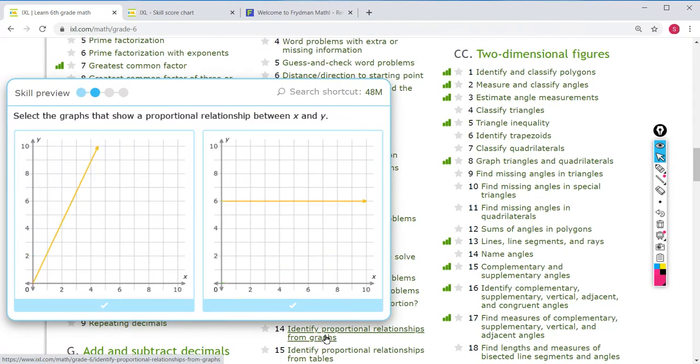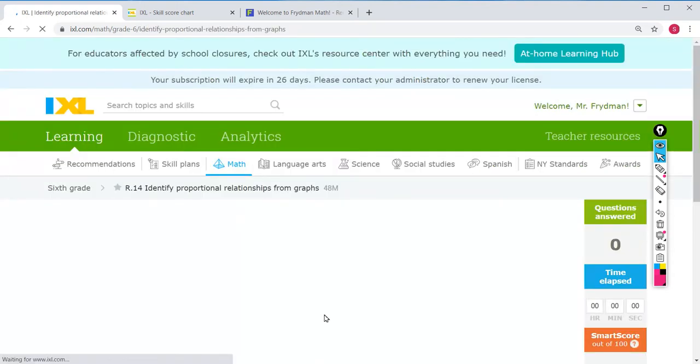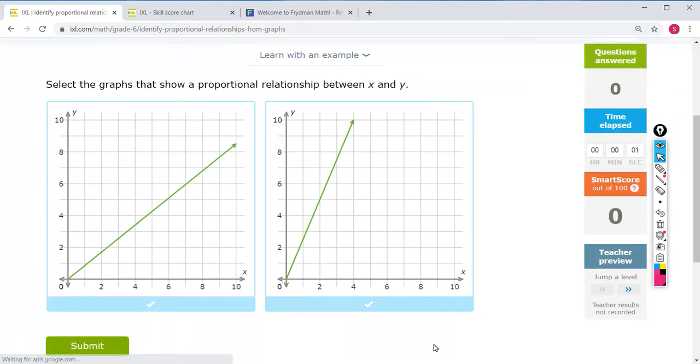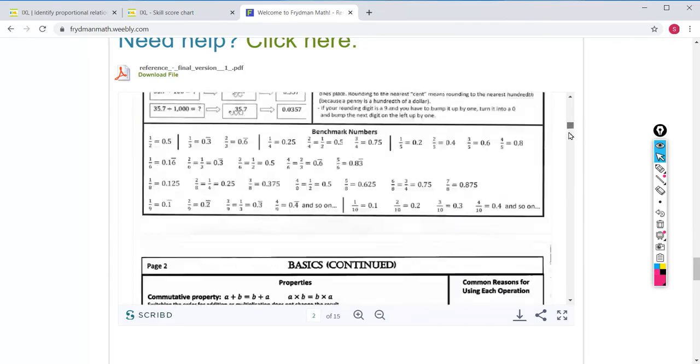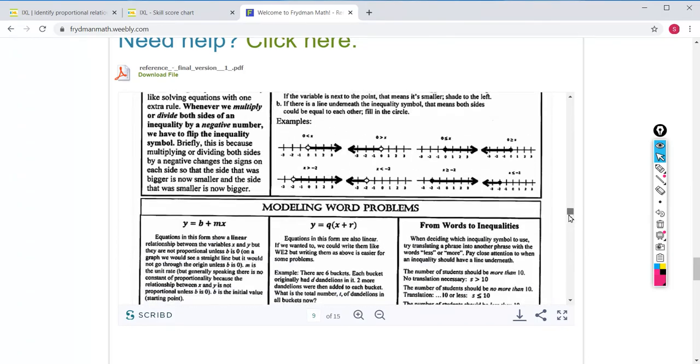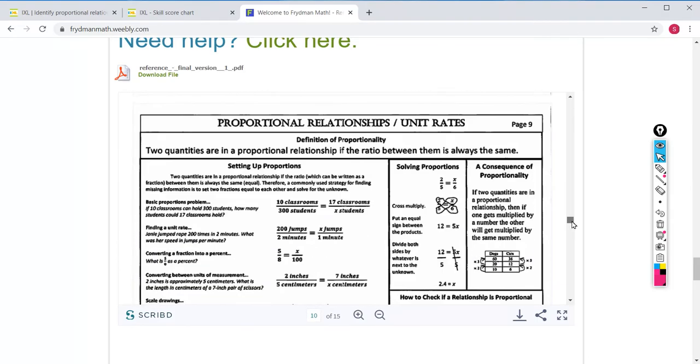So this exercise is actually a pretty simple one. But before we do it, let's go over to Frydman Math and look at proportional relationships, which is on page 9. So we will scroll down to page 9. Here it is.